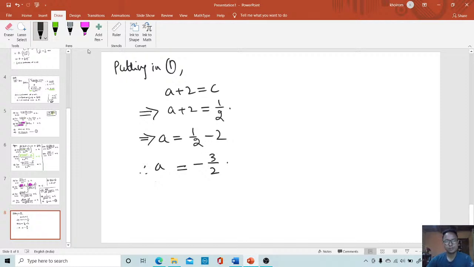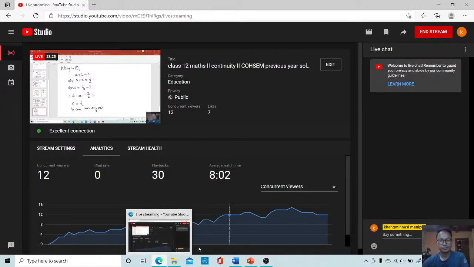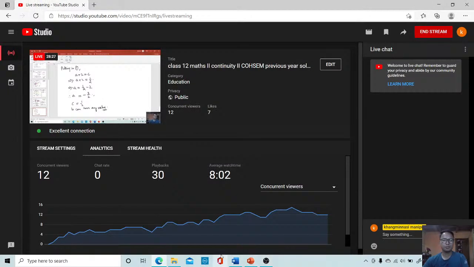So a is minus 3 by 2, and c is now half. So b can have any value. So this is all about continuity. Okay. Now let's move to another one.